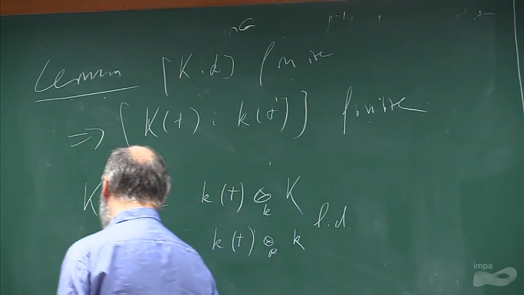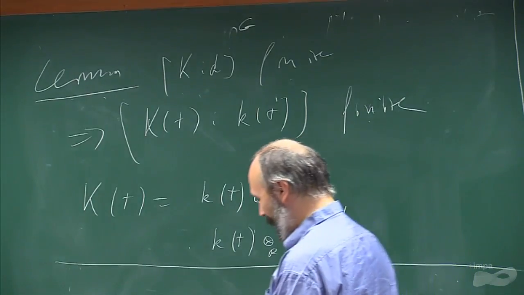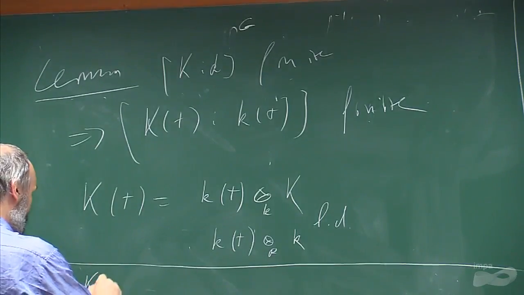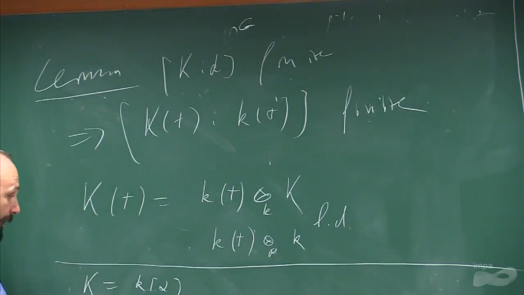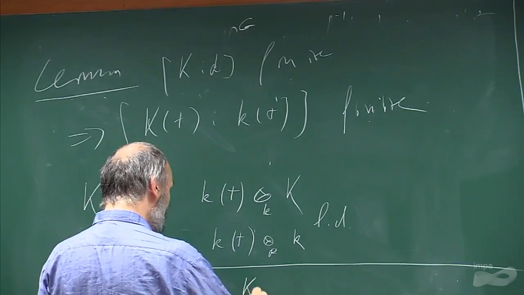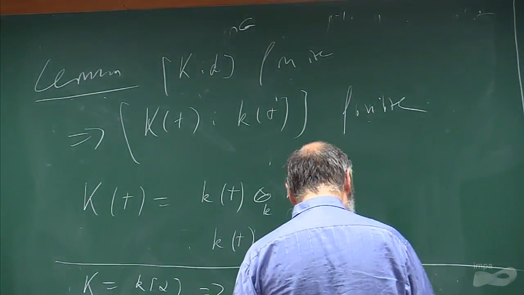The simplest way to state the proof is to use the theorem of primitive elements, that this is a primitive extension. So k big is k small of alpha, where alpha is a root of a certain polynomial, and then k big of t is k small of alpha, where you added also t.